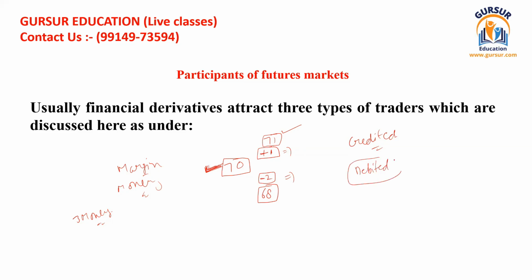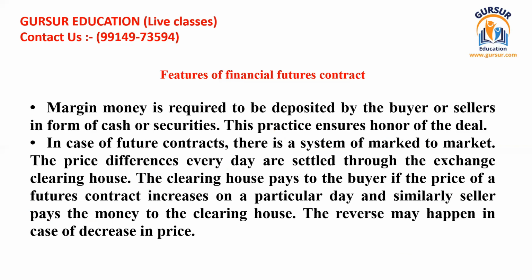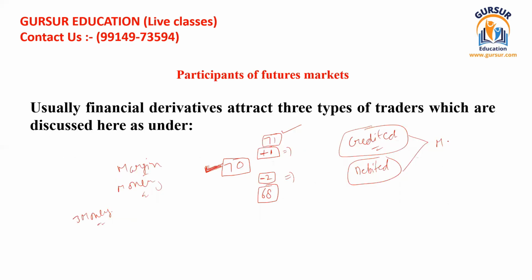So debiting and crediting happen on a daily basis, and this debiting and crediting is known as marked to market. That term was used here. Marked to market is a system which you have to understand.